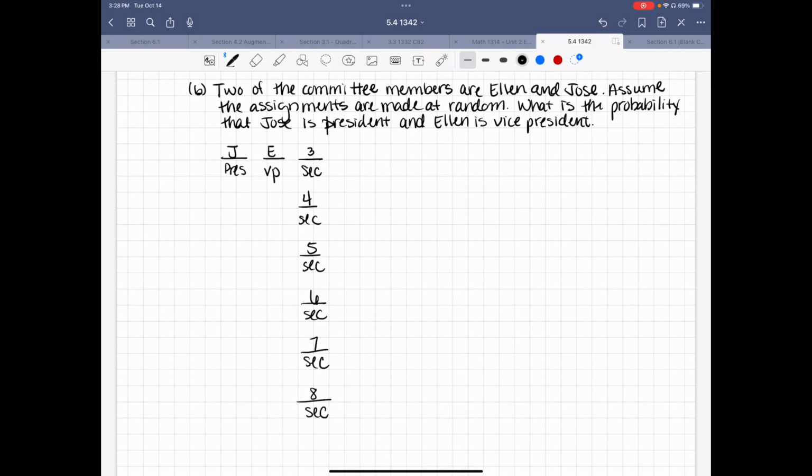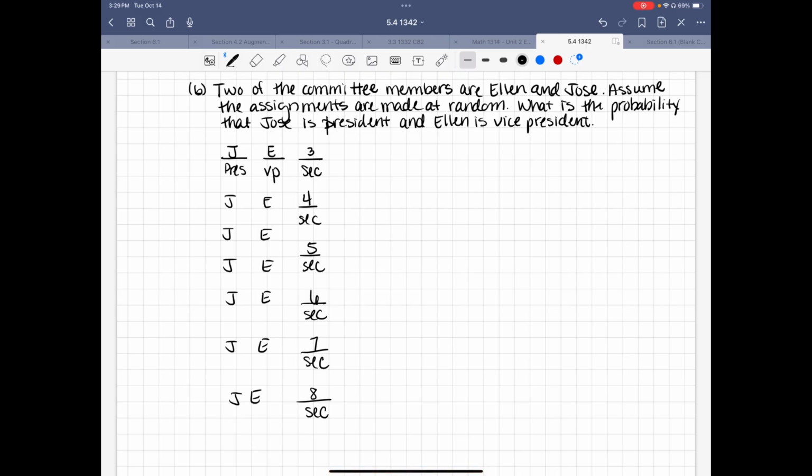Each time Jose and Ellen have to stay in their spots. But these are the different possibilities of Jose being president, Ellen being vice president, and then one of the remaining 6 people being the secretary.